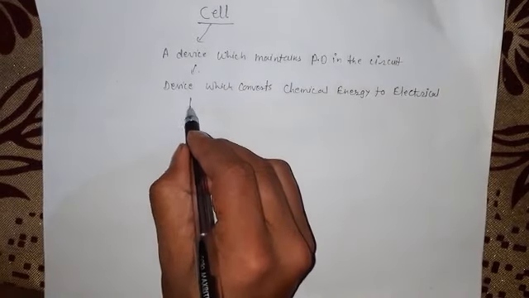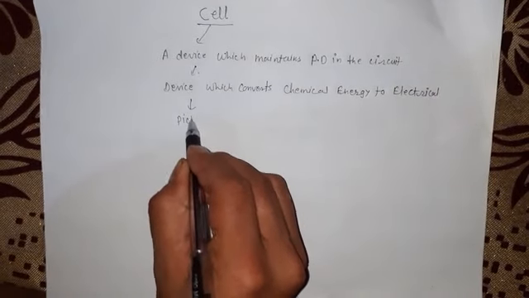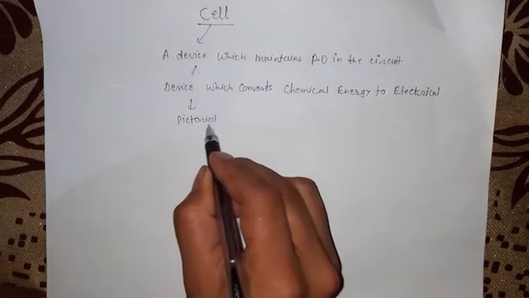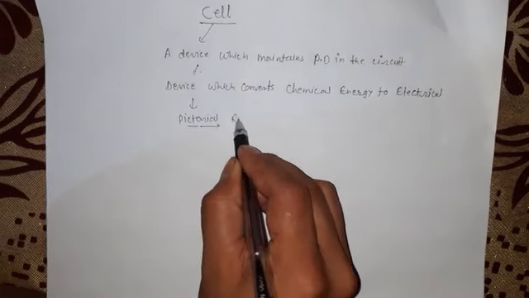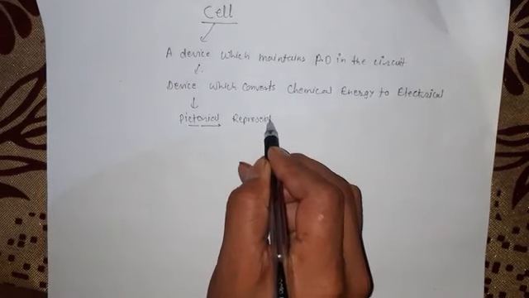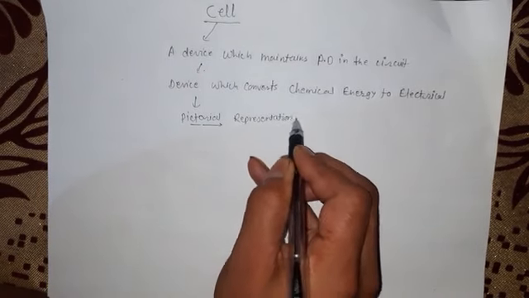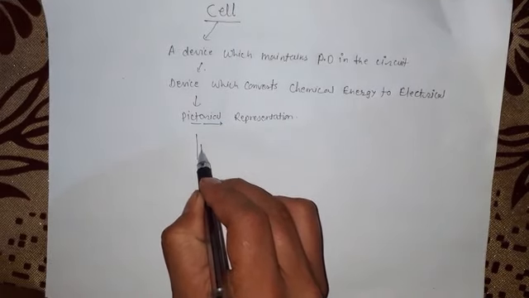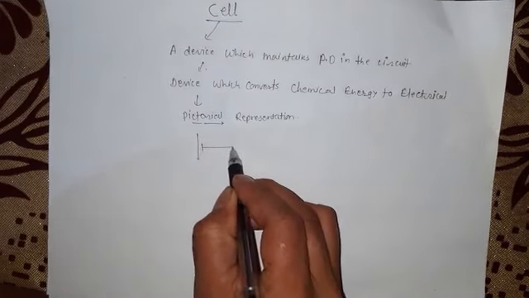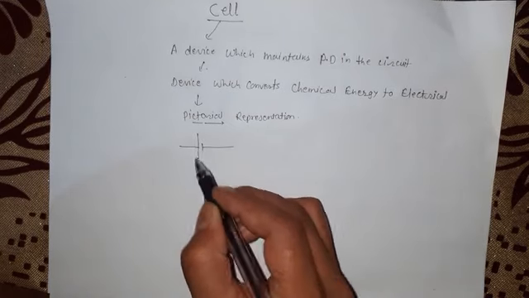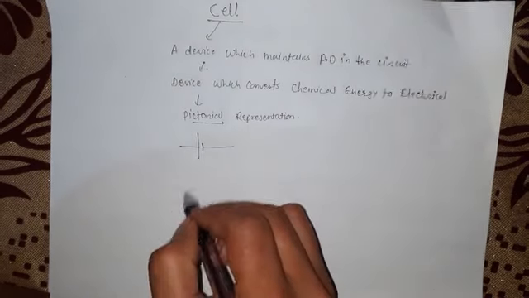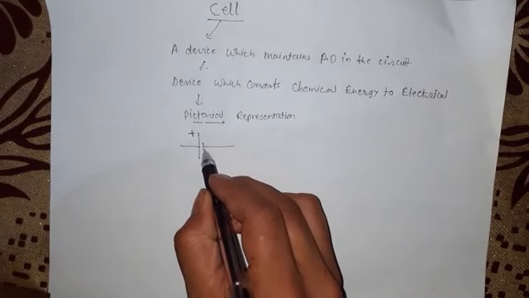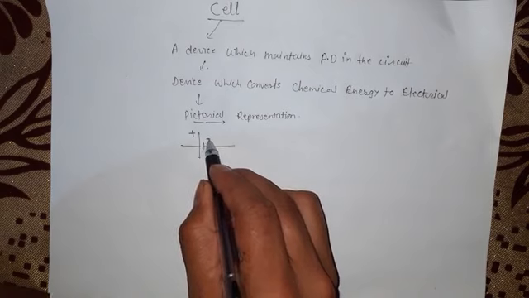So I am going to take the pictorial representation. The cell has two terminals. One terminal is kept longer while the other terminal is kept shorter, and the connection is provided from these two terminals. The longer terminal is the positive terminal, while the shorter terminal is the negative terminal.